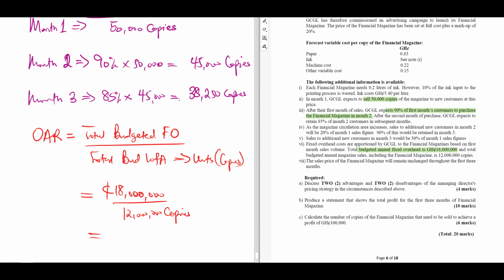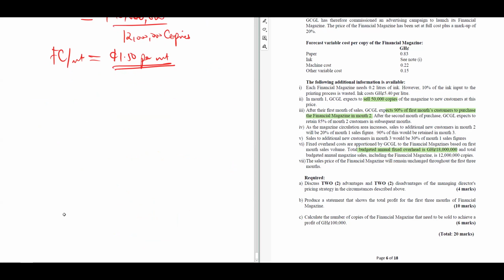So 18 million over 12 million. That means fixed overhead cost per unit is going to give us 1.50 pesos per unit, right? We've gotten it.